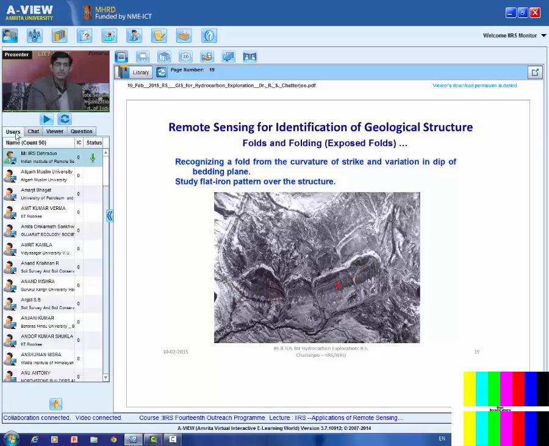Like here the dip is gentle, whereas here the dip is increasing, and here the dip is almost very steep, almost vertical, subvertical. From that you can decipher the geometry of the folds. It is mostly an anticlinal fold, and it is very close to a dome.